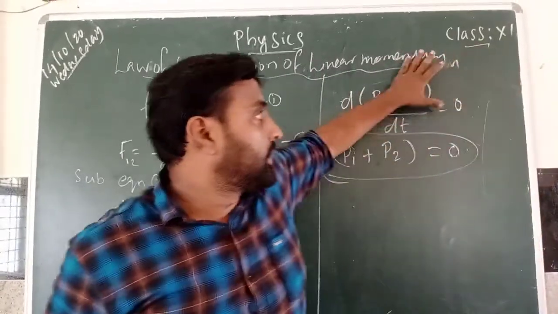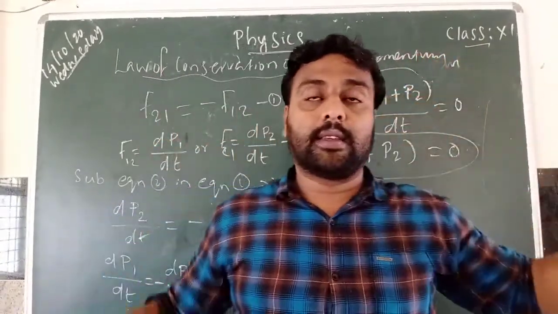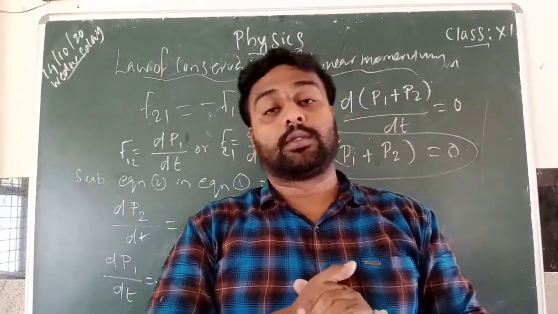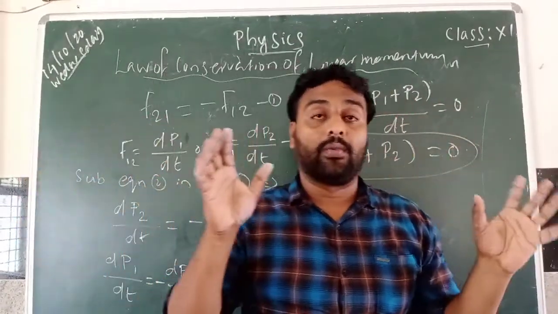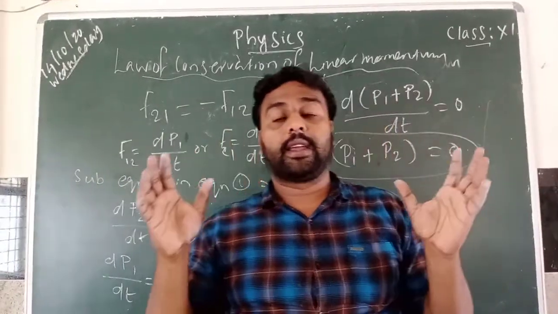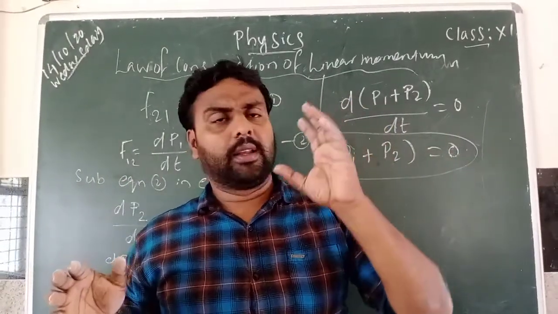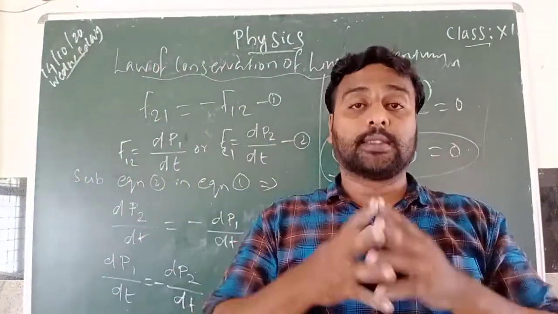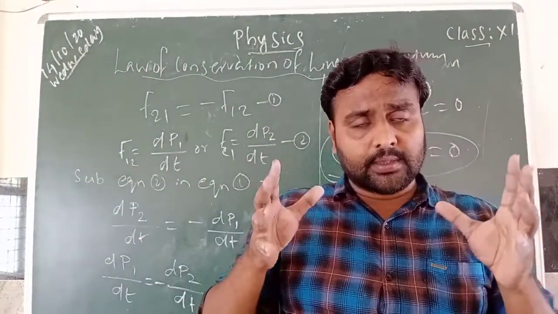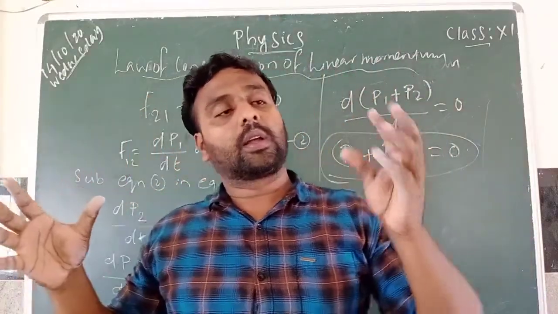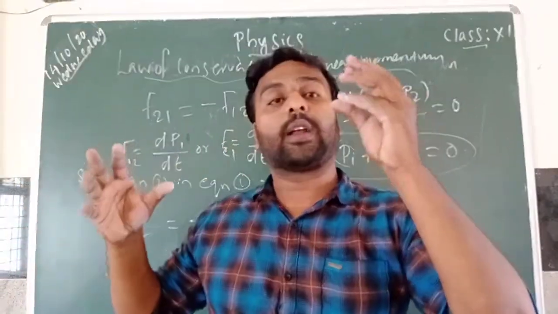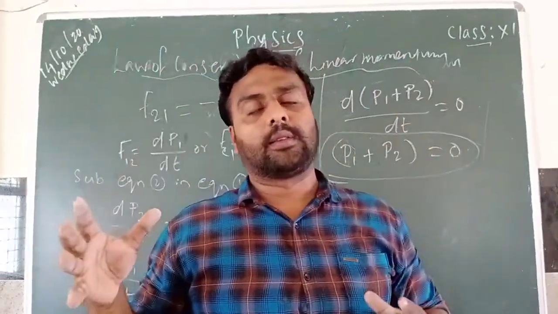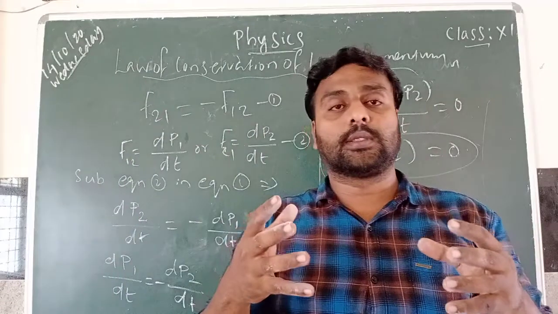Along with the derivation and the sentences, you have to write this example also. Consider a firing of a gun. We are taking an example, the firing of a gun. In that, gun plus bullet is a system. The gun we can consider as particle P1, and the bullet as P2. So gun and bullet is one system.